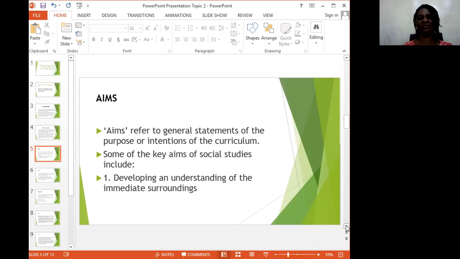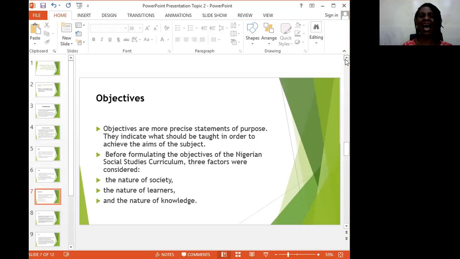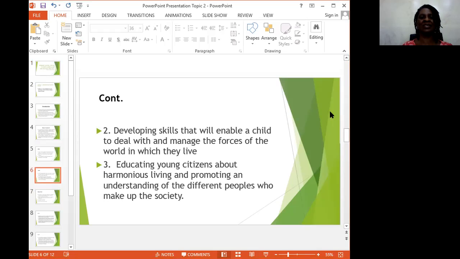One, developing an understanding of the immediate environment. It helps learners develop an understanding of the immediate environment. The second one, developing skills that will enable a child to deal with and manage the world in which he or she lives.